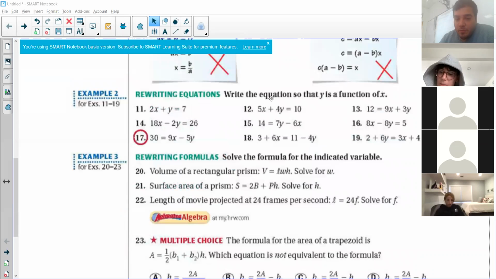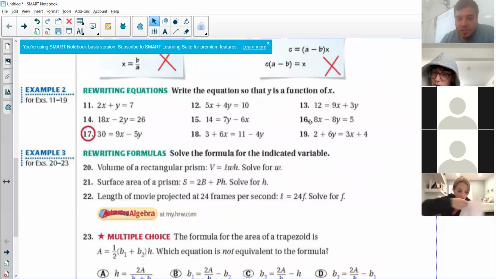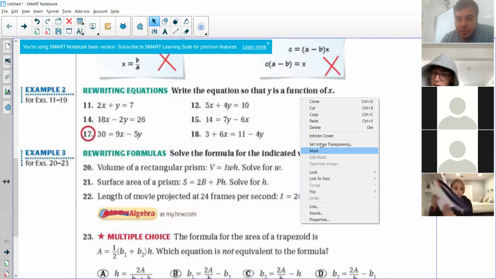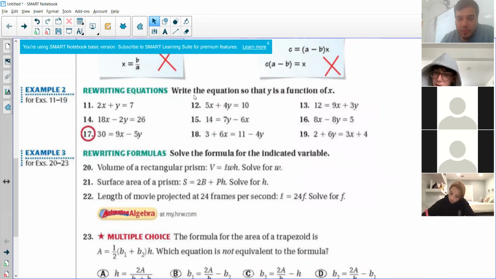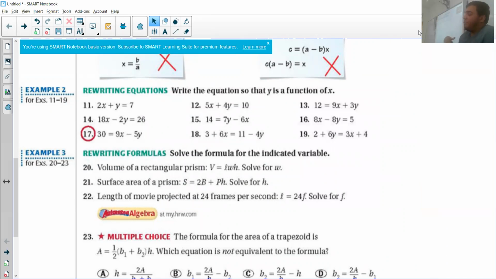So when it says write the equation so that y is a function of x, let's lock that down. Write an equation where y is a function of x. What that means is that y is the result of something happening to x.